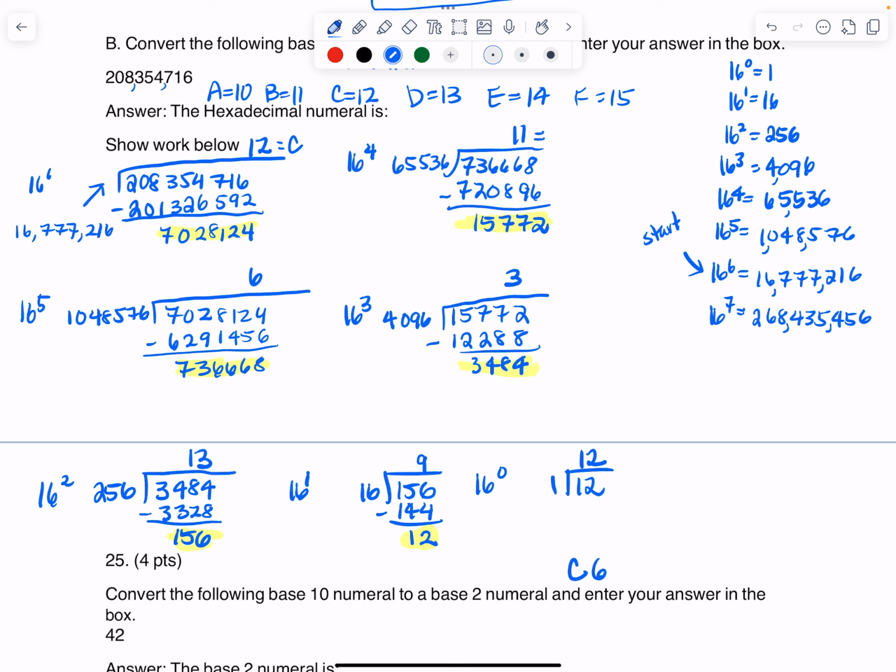Remember 11 is B, so C6B, and then a 3, and then 13. 13 is D, and then 9, and then 12 is C. So my answer is going to be C6, B3, D9, C6, base 16. Okay, so that was number 24.